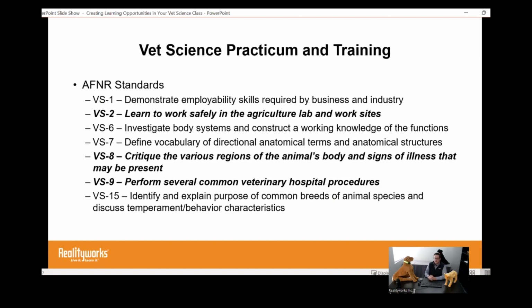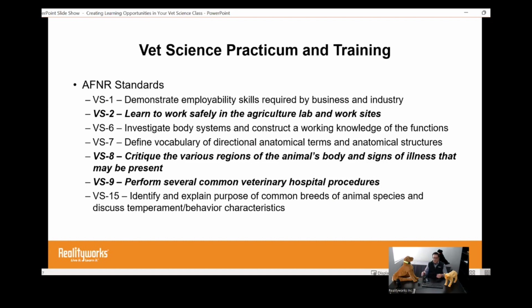So in this case, it really focused on the body, understanding where on the animal's body to put that stethoscope, what sounds you're looking for, what illnesses could be found based on that auscultation training that you're going to do. And then also performing some of those common veterinary hospital procedures. So listening for some of those issues, and then what would you do after the fact there and know what it is. So really helps that.